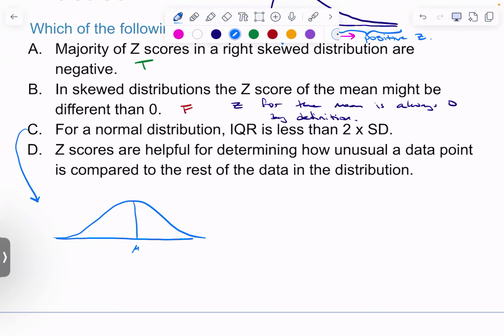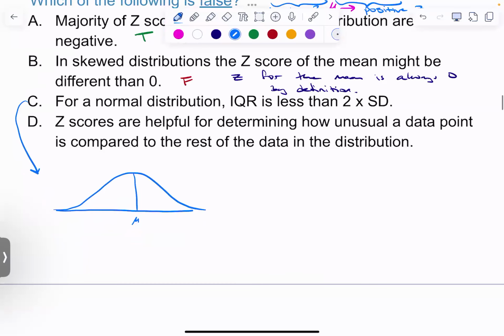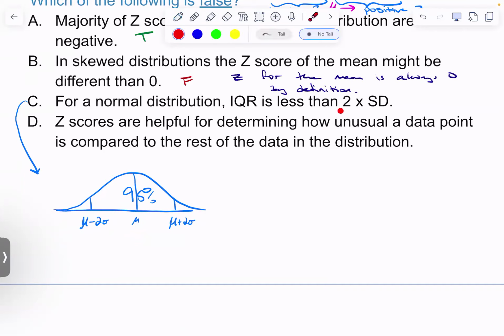Let's start with the 2 standard deviations, just because we just talked about it. If I move to mu minus 2 times sigma and mu plus 2 sigma, then in here I've got 95%. So I know that 2 standard deviations covers the central 95%.